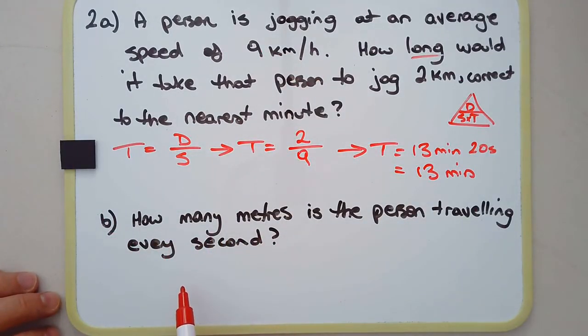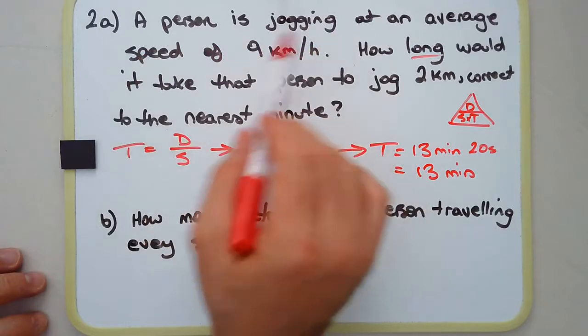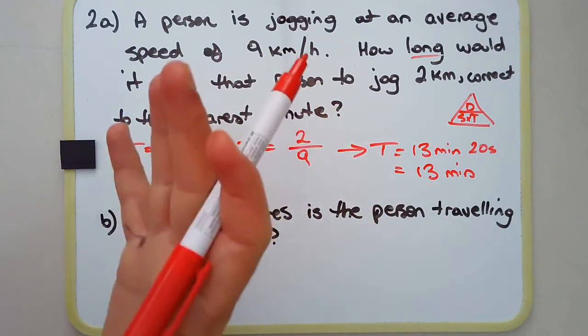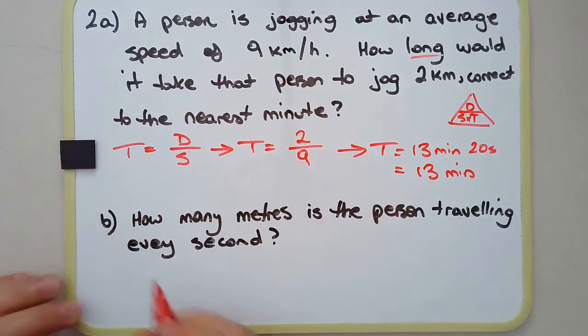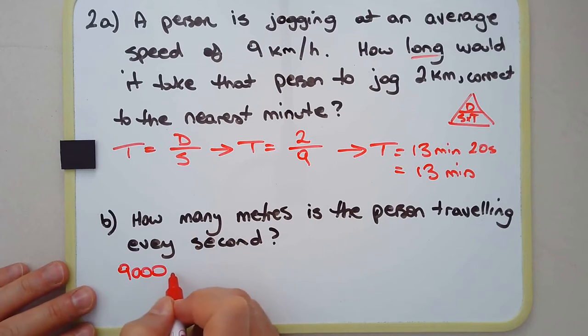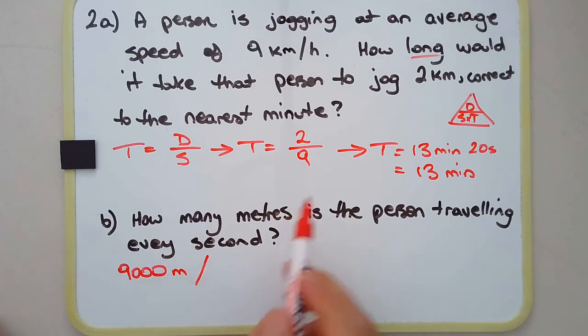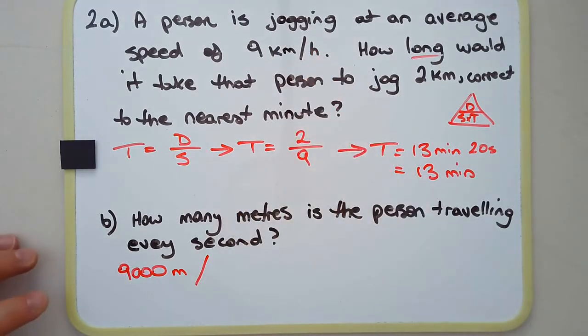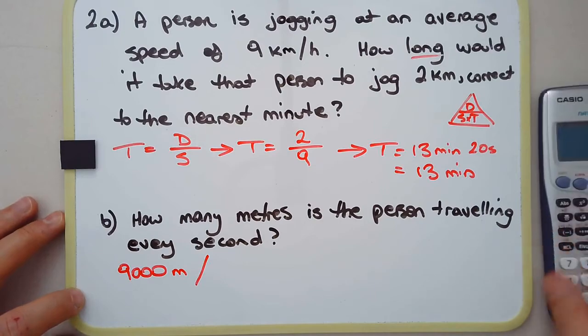Every hour the jogger is covering 9 kilometres. So we need to think about how to convert kilometres to metres and hours to seconds. The jogger is covering 9,000 metres. Now instead of hours, how many seconds are there in 1 hour? How many minutes are there in an hour first of all?